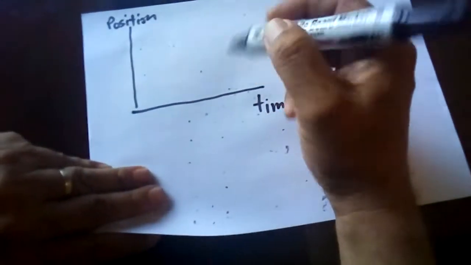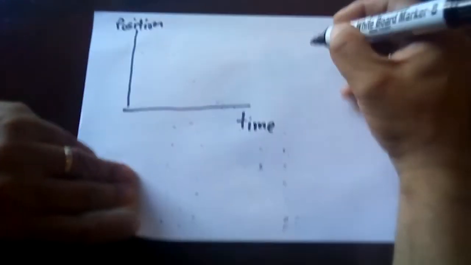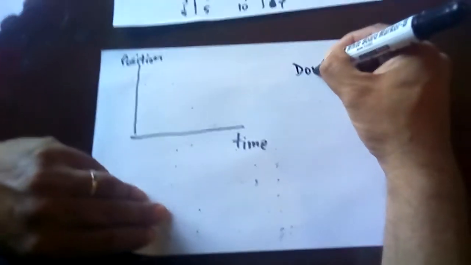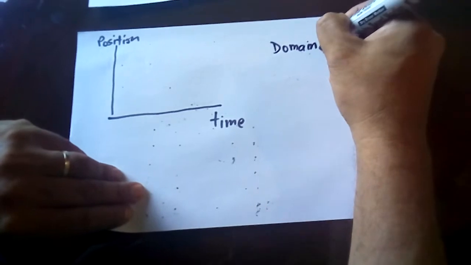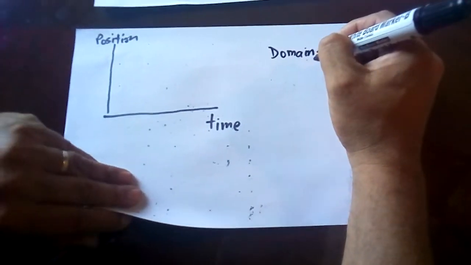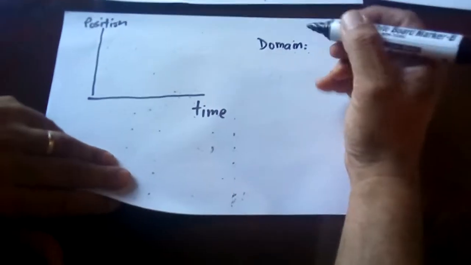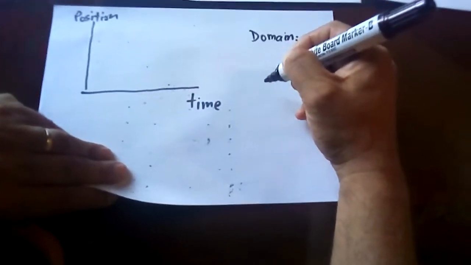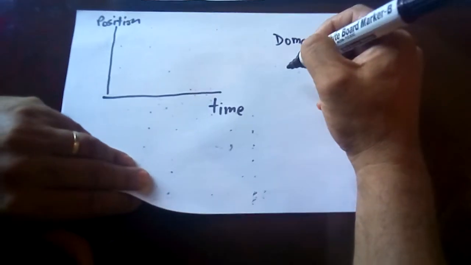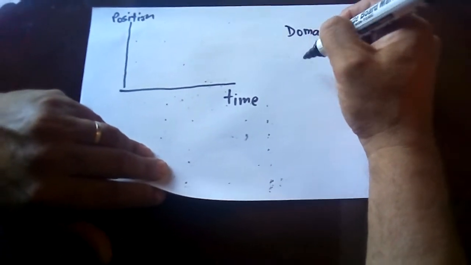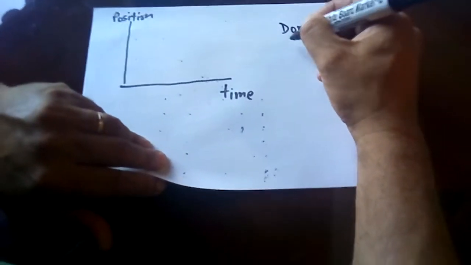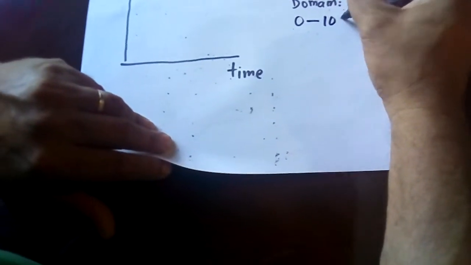And when we graph this, we need to know the domain and the range. Domain are all the x values that we're going to use. In this case, our independent variable is time. So it's all the time that we're going to use. We need 0, and the maximum value is 10 seconds.